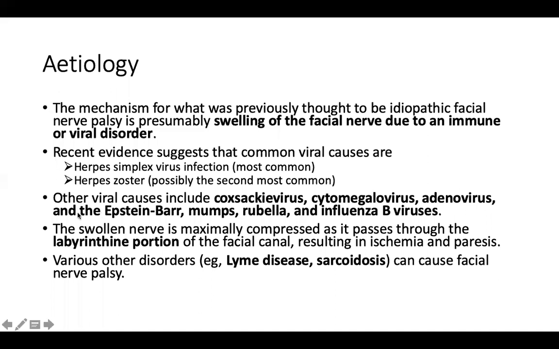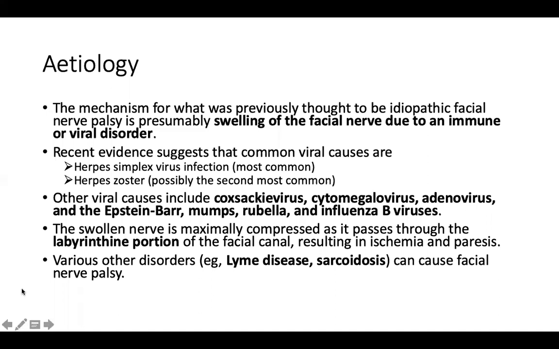So the leading cause of facial nerve palsy is the herpes simplex virus infection. It's the most common, but the second most common one is herpes zoster. One can get facial nerve palsy because of these 2 viruses.